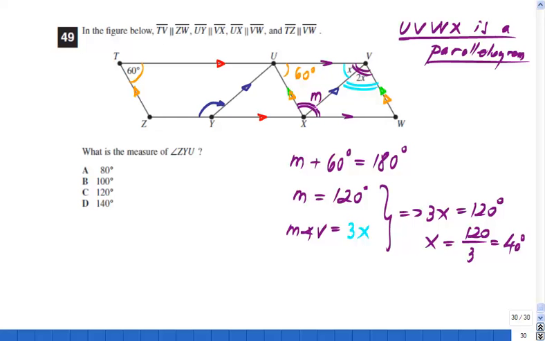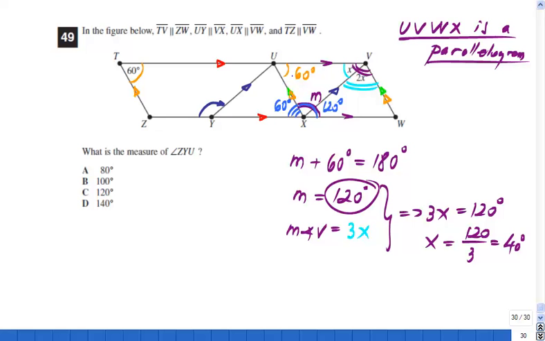Well, I know that this angle here, M, is 120, because I can state with certainty that this angle here, let me use a different color, this angle here is going to be what? Well, if this one is 120, the purple one, right? Well, 120 plus this angle makes 180, which makes this angle how big?